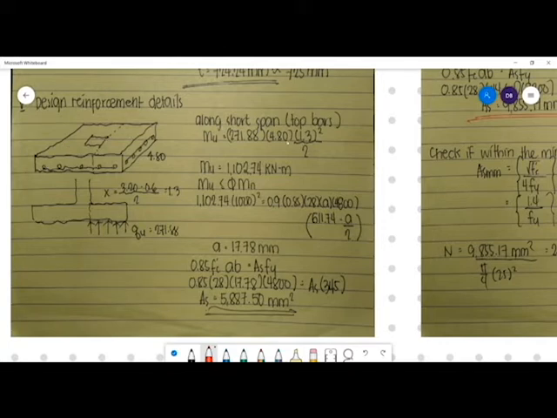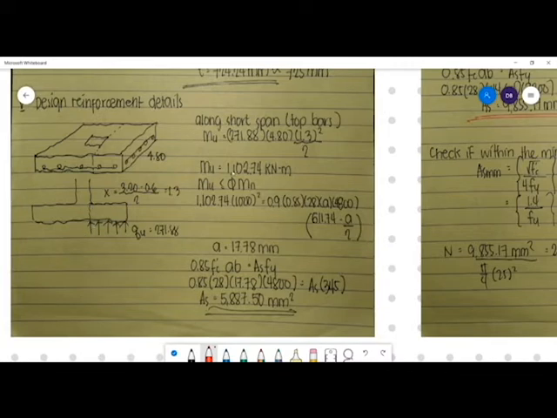So your Mu now is equal to 271.88 multiplied by 4.8, times 1.3 squared over 2. What I did here is assume that this is a fixed support, then I just flipped it.